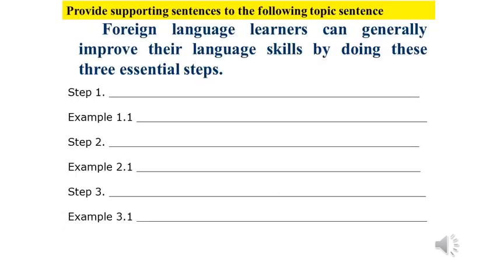Okay, dear students, let's move to provide support sentences to the following topic sentence. Let's read the topic sentence here. Foreign language learners can generally improve their language skills by doing these three essential steps.